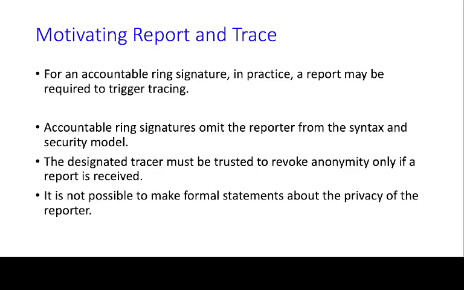As a consequence, it is implicit in the security model for accountable ring signatures that the tracer is trusted to reveal a signer's identity only if the signer has signed a malicious message. In the event that a tracer must receive a report, it is also implicit that the tracer is trusted to only begin tracing if a report has been submitted. A second consequence is that it is not possible to make formal statements about the privacy of the reporter.